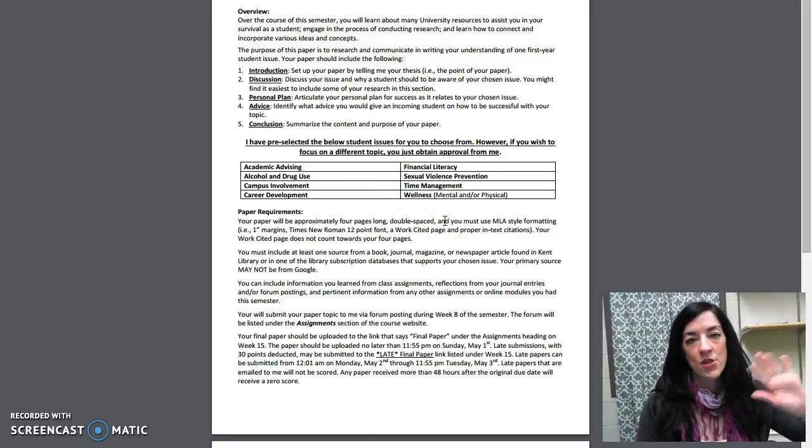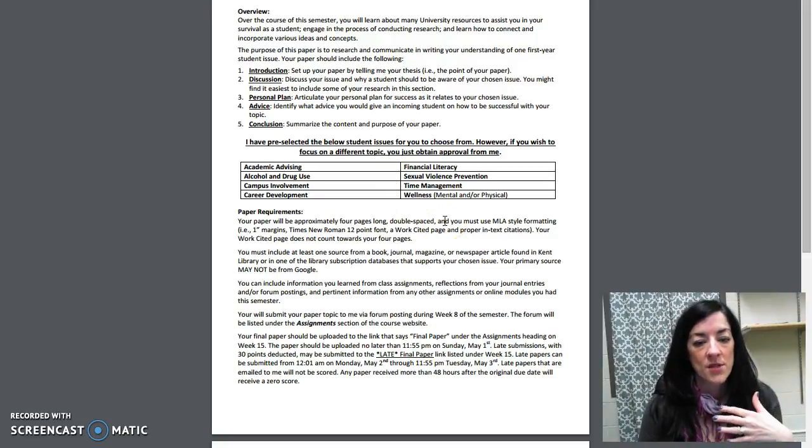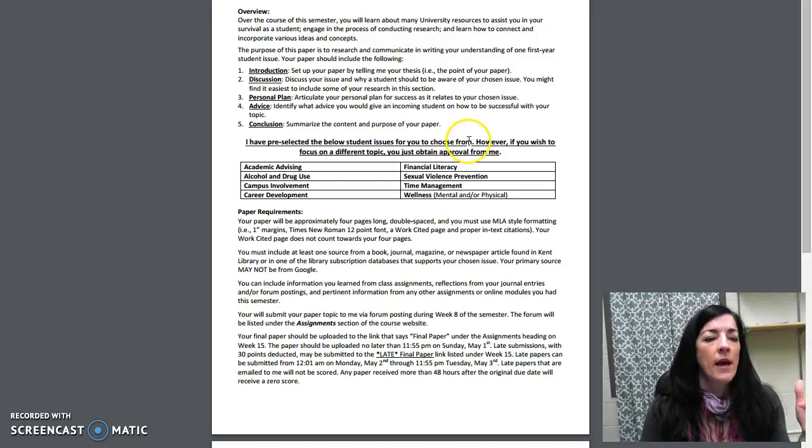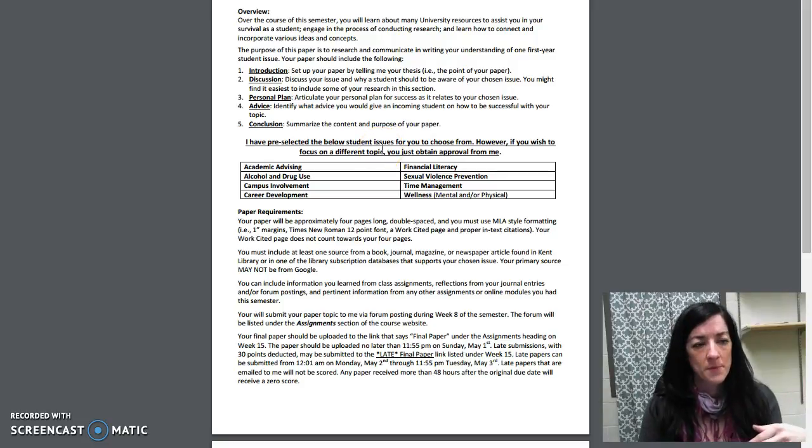If you decide to choose something on your own without consulting me first, there is a really good chance that you're going to choose something where you're going to have a very difficult time finding appropriate research that's really going to enhance your project. So make sure that if you're thinking about doing something differently, you need to get approval from me first before you move in that direction. So you can choose academic advising, campus involvement, time management, any one of these particular topics.